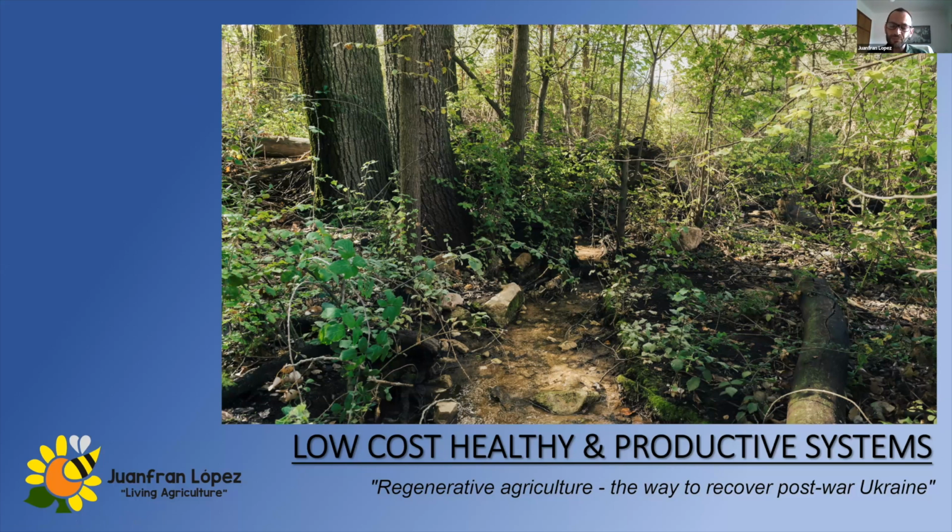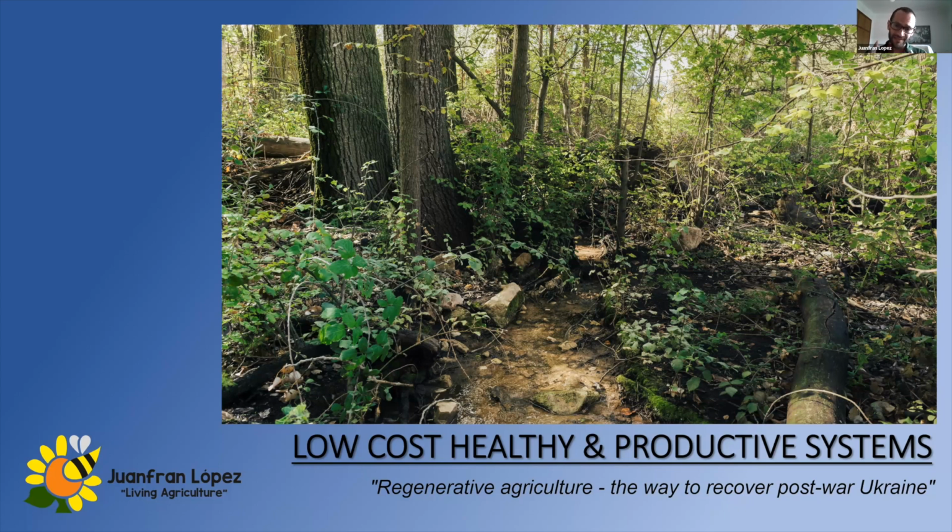What we're trying to create is productive systems, but also low cost and healthy. I always put this image because this kind of ecosystem is resilient over time. How can we create a system that has redundancy of functions and many benefits in the loop?